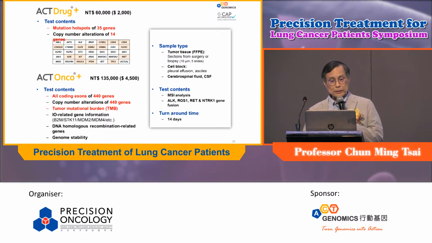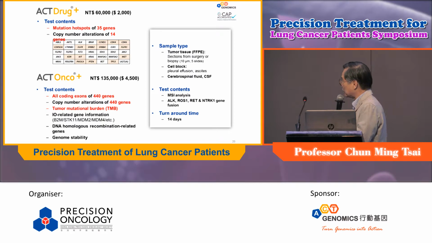And the second one is ACT drug. It tests at that time 35 genes and tests tissue samples. And the gene list is here. And of course, for some rich patients, we selected the ACT-on course.